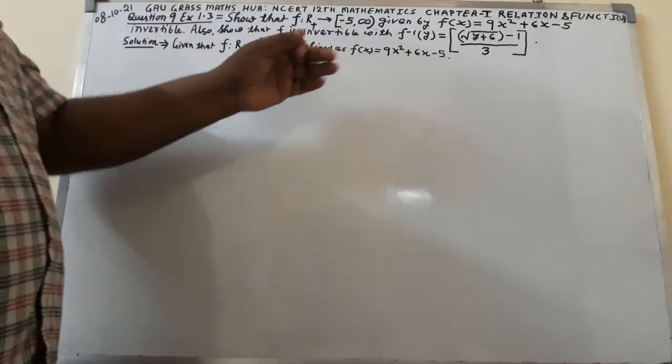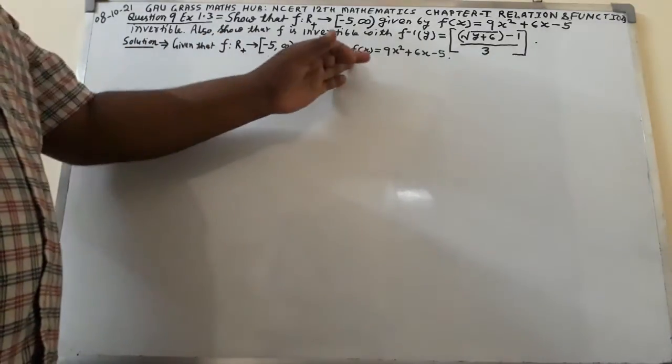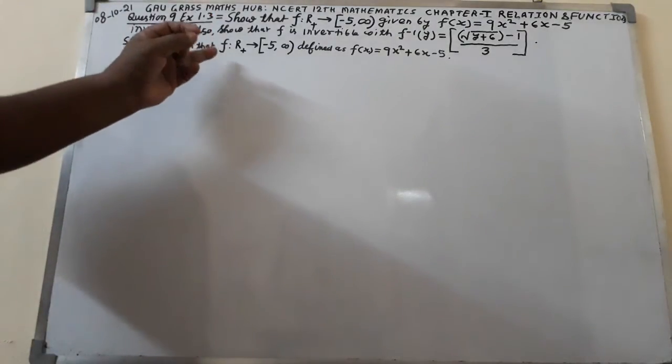This is the function. We have to prove that f of x is invertible on this condition. What to do next?